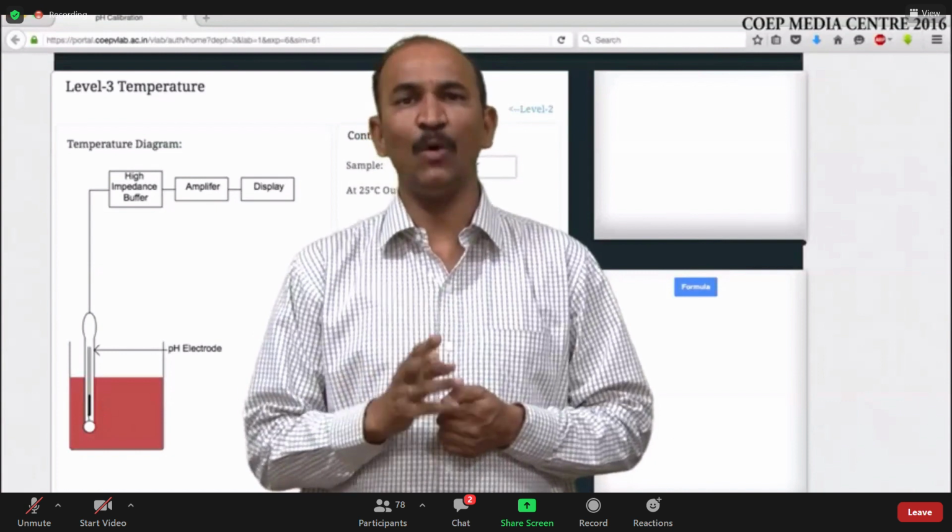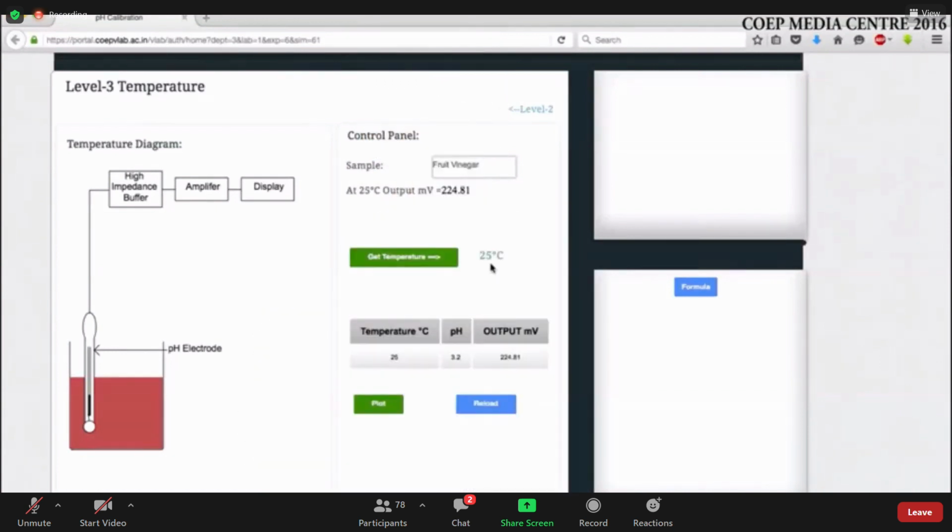Suppose I have exposed this electrode to 25 degrees Celsius. What will be the output? The output would be 224.81. If I do it for 38 degrees Celsius, output will become 234.61. That means as the temperature is increasing, the output millivolt is increasing.